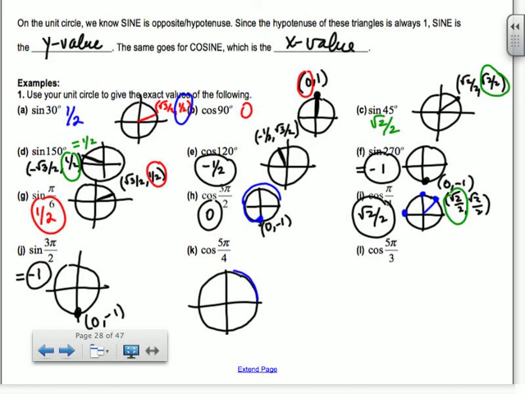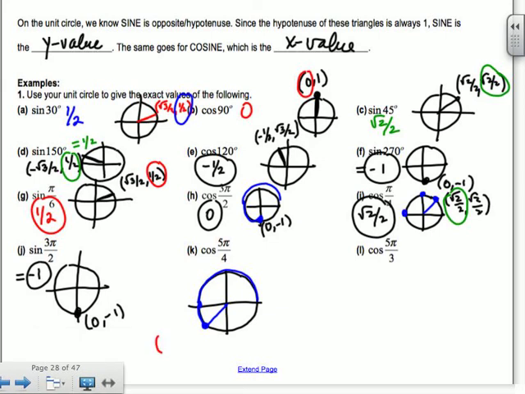So you're going to go past pi, so here's where pi would be, and you're going to go 1/4 pi past, so that's going to be right here. That point there is negative and negative, right? You go left and then down, so it's negative square root of 2 over 2, comma negative square root of 2 over 2. So when we talk about the cosine value, it should be negative square root of 2 over 2. Did you guys get it?